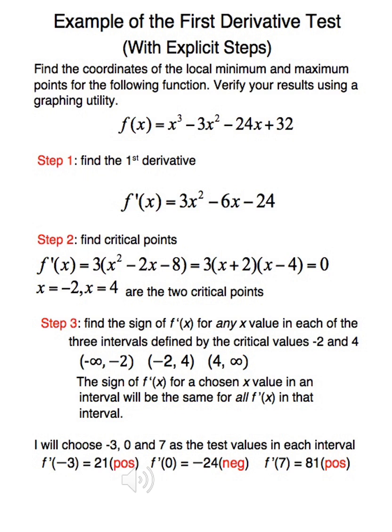When I put 0 into the first derivative function, that one comes out to be negative 24. But the important thing is it's negative. And in my third interval, when I'm looking for values that are greater than 4, I'm using 7, and I put that into the first derivative, it comes out to be 81 for the output for the first derivative, and again, that's positive.